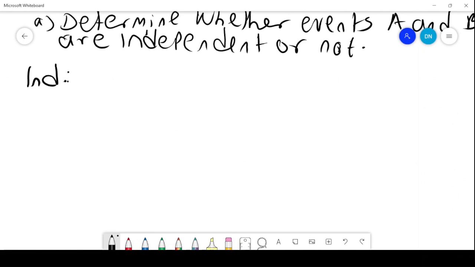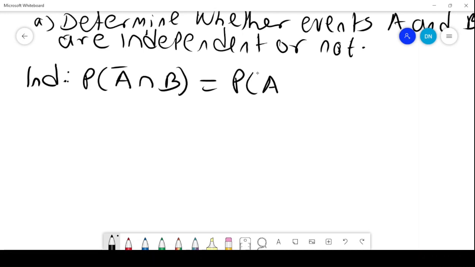Then what we know is that probability of A intersection B would be probability of A times probability of B. So that's something that we want to keep in mind, that when they are independent, that's how we get their respective probabilities.